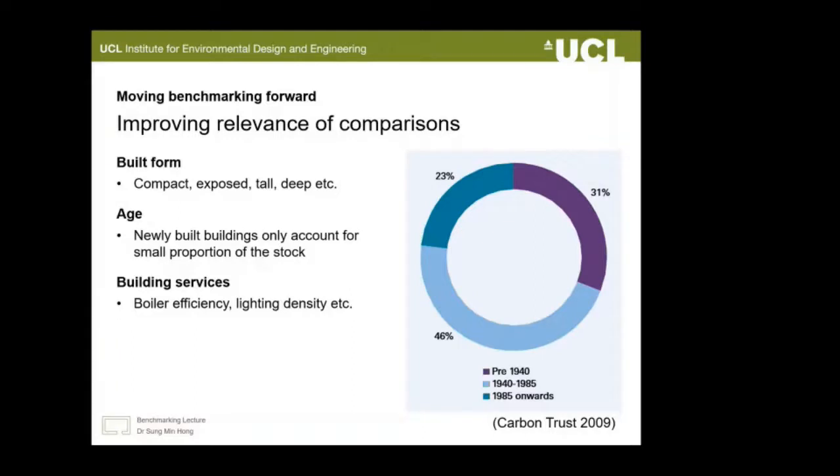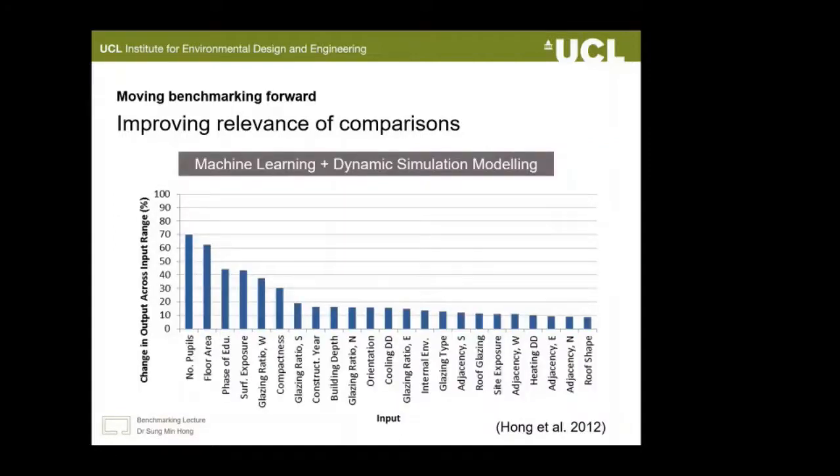One of the key focuses of phase 2 will be to improve the relevance of comparison. And this is in recognition of the variation in building characteristics that tend to have impact on intrinsic demand for energy, which can be associated with built form, age, and different types of building services, for example.